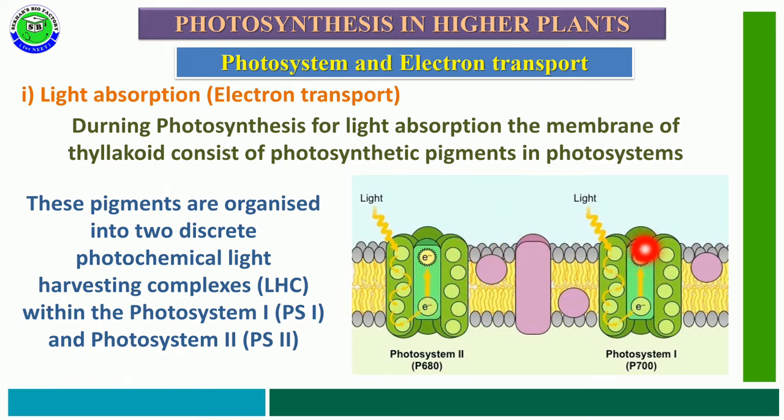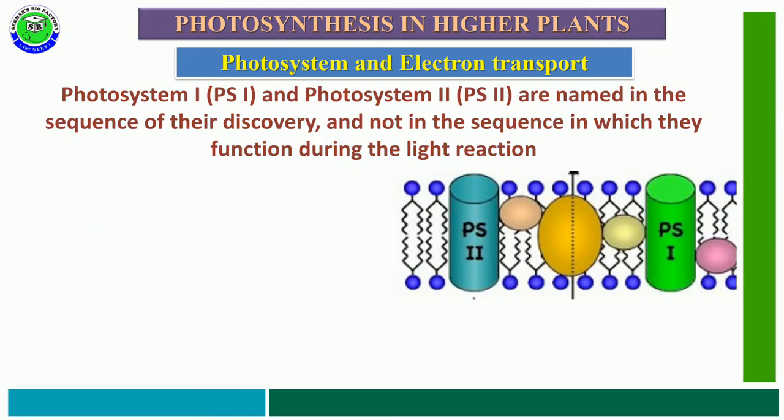PS1 is called photosystem 1, PS2 is called photosystem 2. They are named in a sequence based on their discovery. PS1 was discovered first and PS2 later, but they do not work in that sequence according to their function during light reaction.